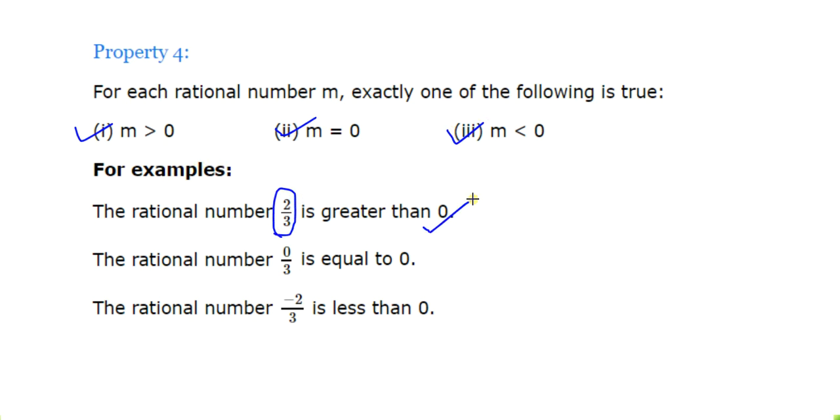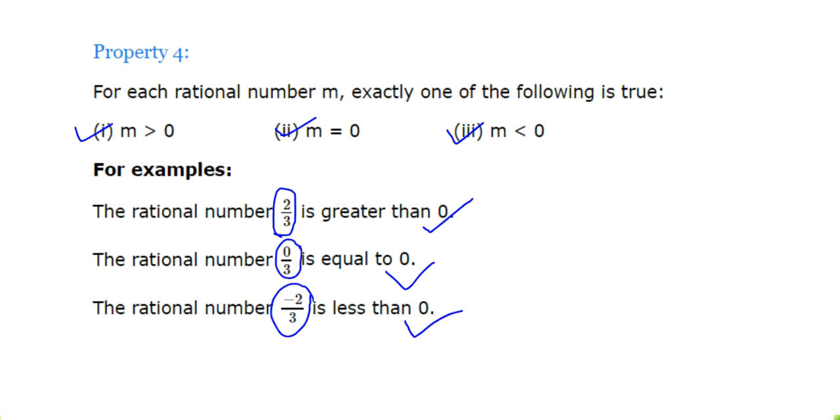We'll learn later on how we compare two given rational numbers. If I talk about the rational number 0 upon 3, it is equal to 0. Then if I talk about the rational number minus 2 upon 3, as is visible from the number itself, it is a negative rational number, so it is less than 0.